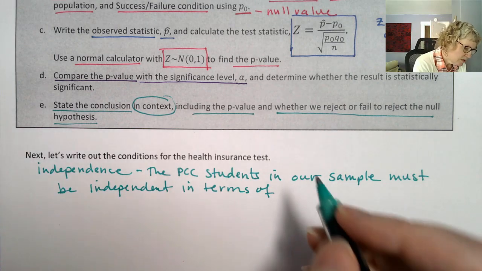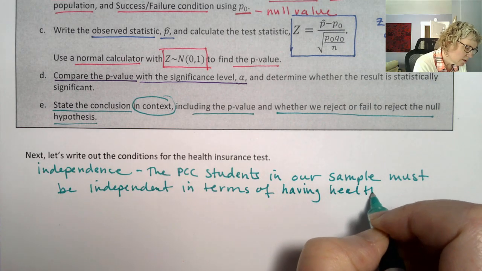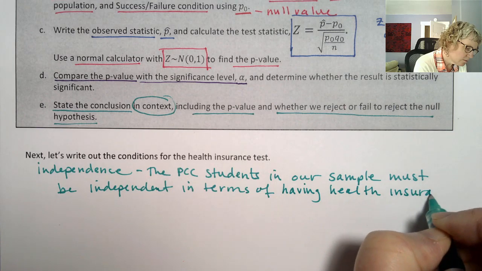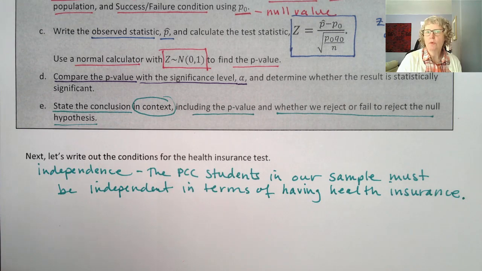So in terms of having health insurance. Okay, so first we want to write that out. Then we want to consider what factors we would consider if we were to get this sample ourselves, right? We wouldn't want to just have students in only one class or only one major, right? Or only one modality of class, like online versus in person. Okay, so I want to write down a bunch of these different factors we need to consider.